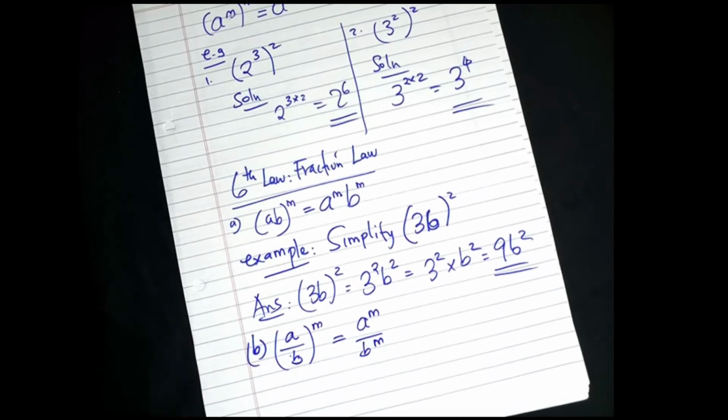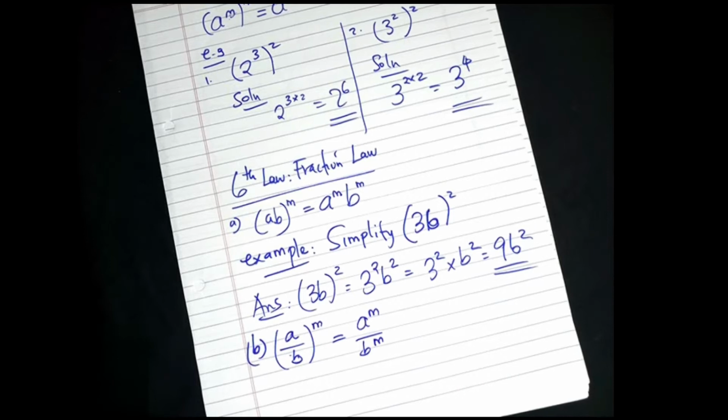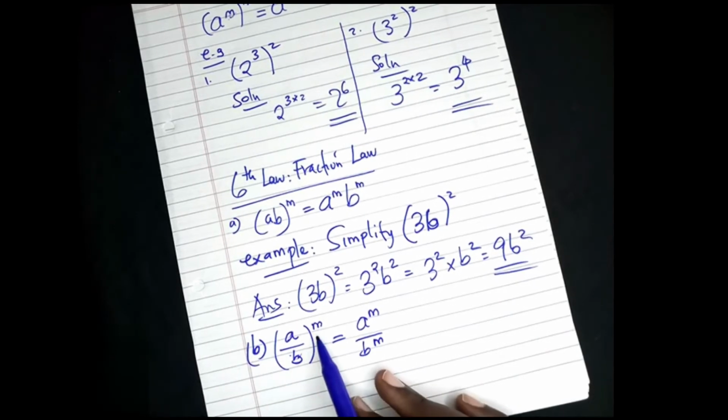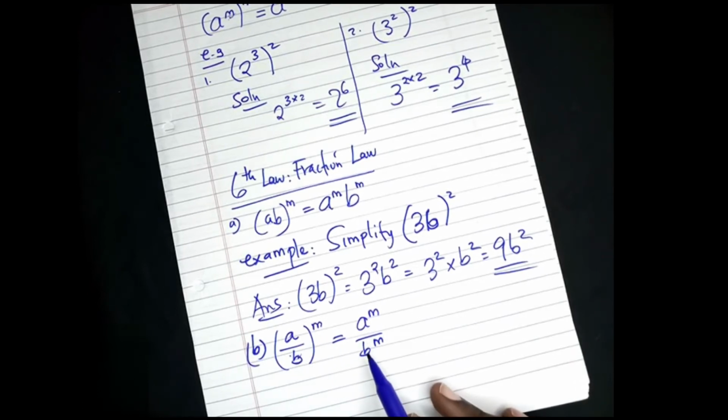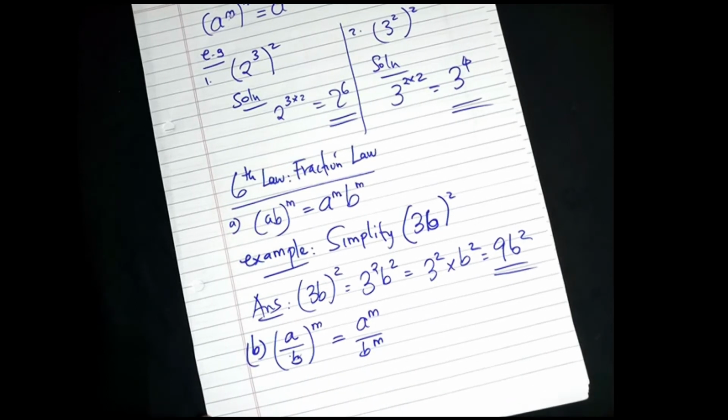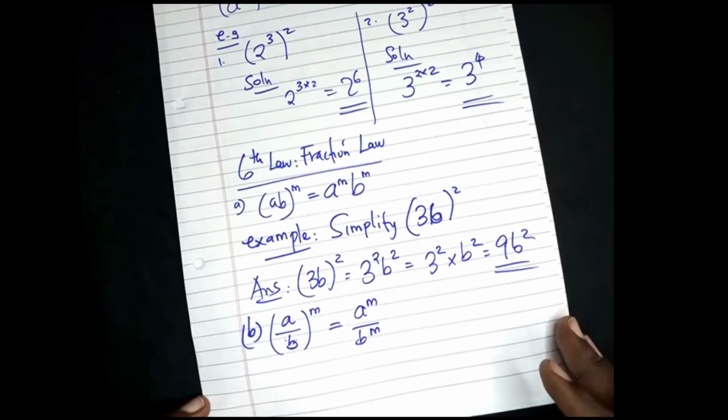And in this second part, we say that if a fraction is raised to a given power, both the numerator and the denominator of the fraction are raised to that same power, as you can see on your screen very clearly.